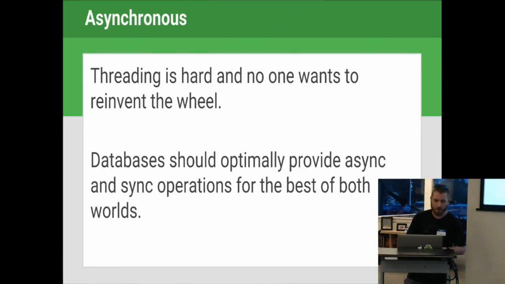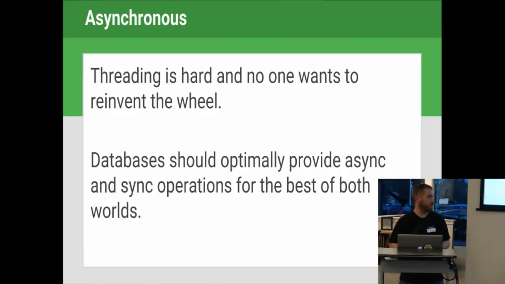Asynchronous. So this memory. Everybody wants the database to be fast, and asynchronous is going to be really, really important with all those combined. So threading is hard, and when you're using your database, you're bound by the constraints of the database itself.